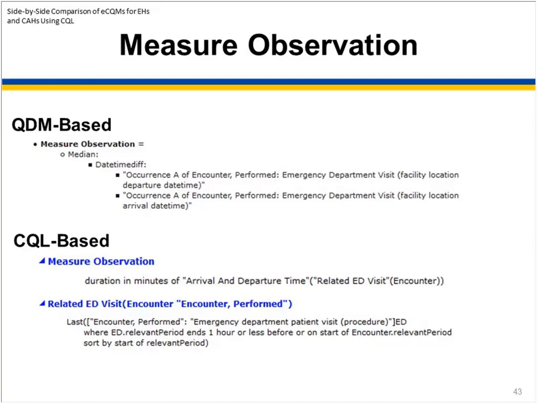So this is, given an encounter, going to return the most recent immediately prior emergency department visit. And then we use that to compute the arrival and departure time as an interval, and then we just take the duration in minutes of that interval. And then the fact that it's a median is carried in the HQMF itself.